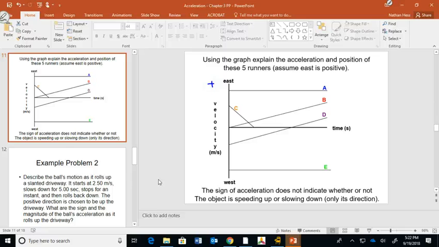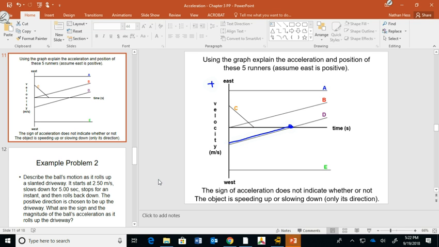Last but not least, the motion that has the most fun in it is D. D starts with a westward velocity, a negative velocity, and then it is slowing down. And you know that because it has a positive slope, an upward slope, so it has positive acceleration until it gets to a point where it stops.